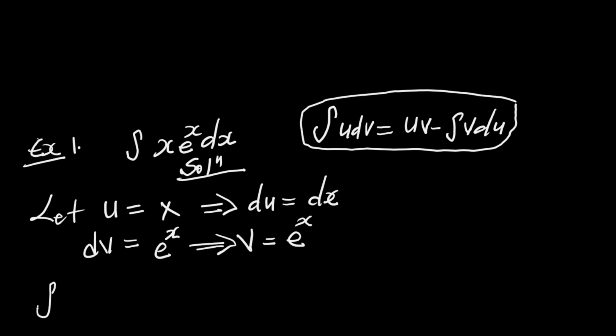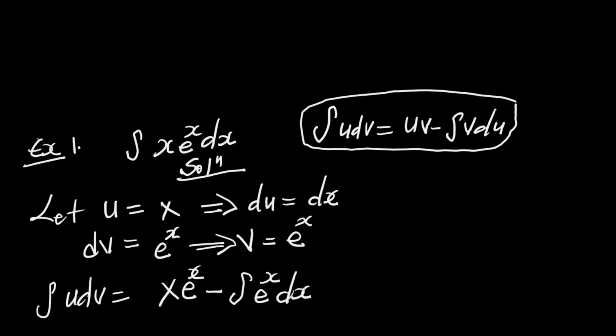Integral u dv is equal to, what is our u? Our u is x, v is e^x, minus integral v is e^x, du is dx. Now we have used our formula. What next? The integral of e^x is the same as e^x.